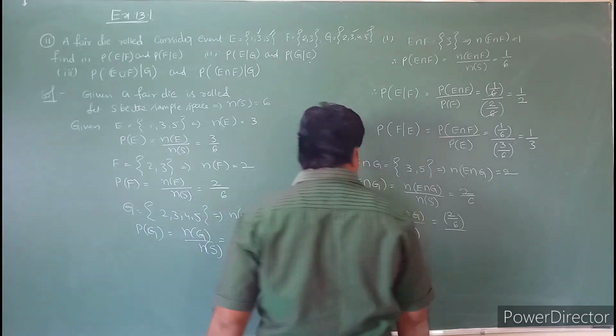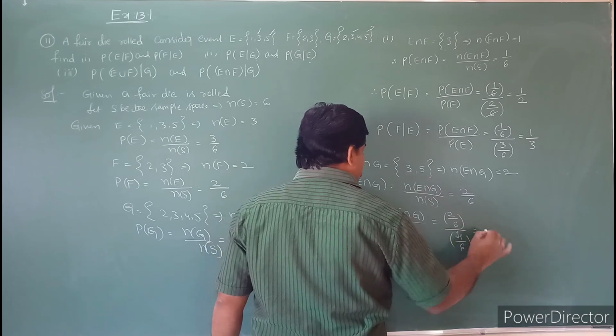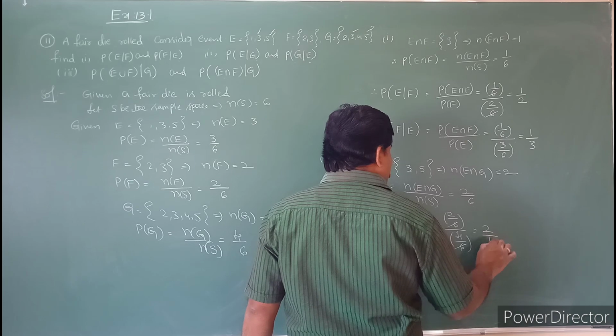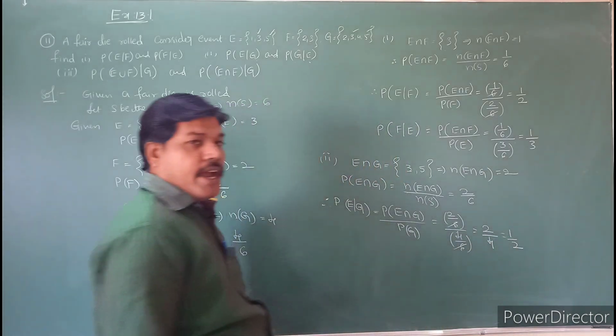P of G is 4 by 6. So the 6 is cancelled and it becomes 2 by 4, which becomes 1 by 2.